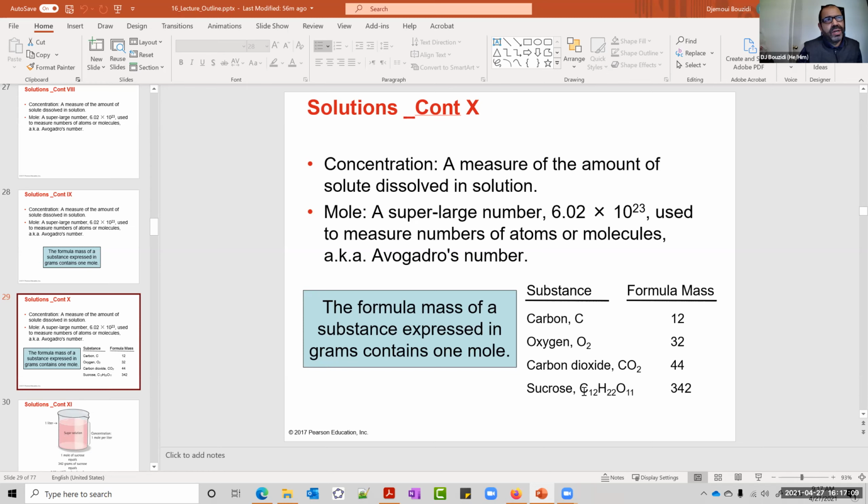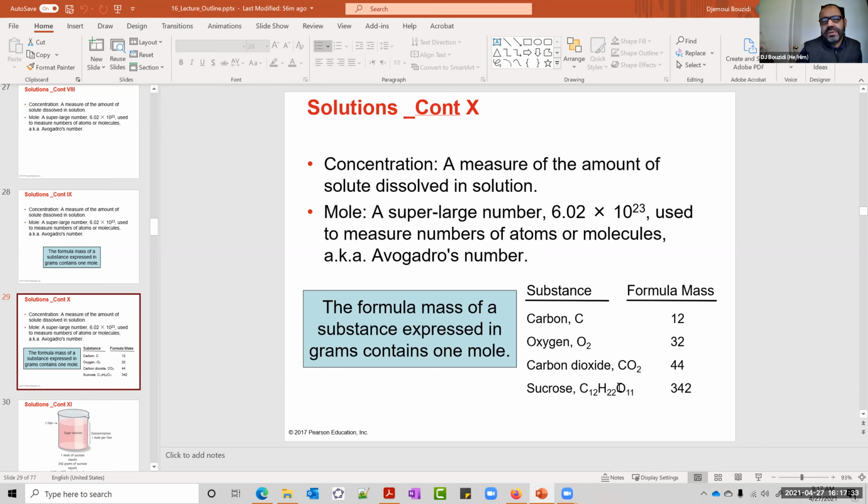Sucrose, on the other hand, which is really the regular sugar that we put in our coffee, has this many. 12 times 12, that's 144. 22 times 1, that is 22. 144 plus 22, that's 166, probably.